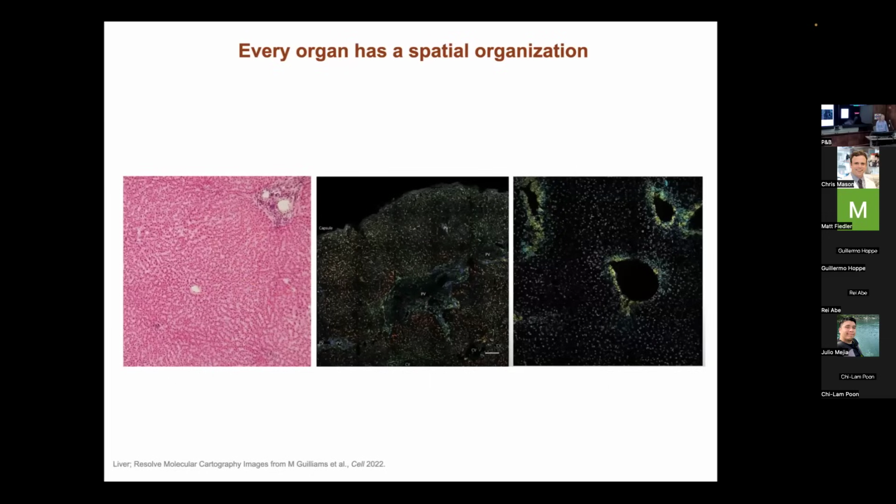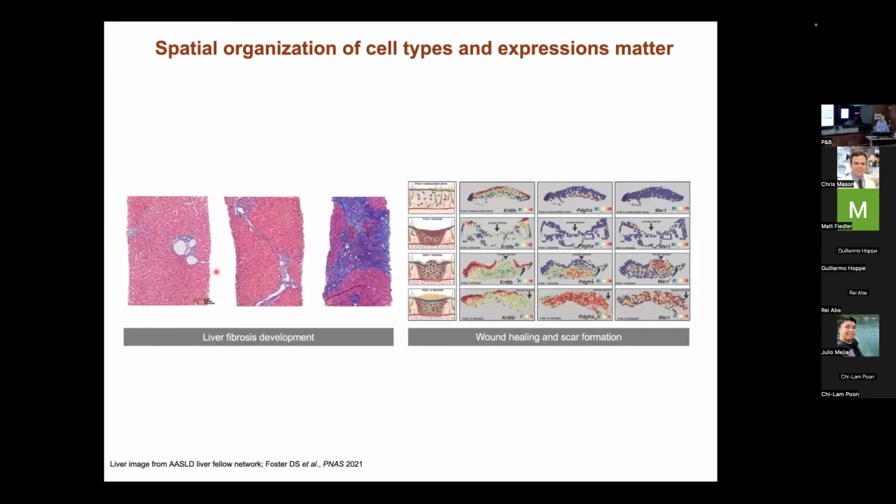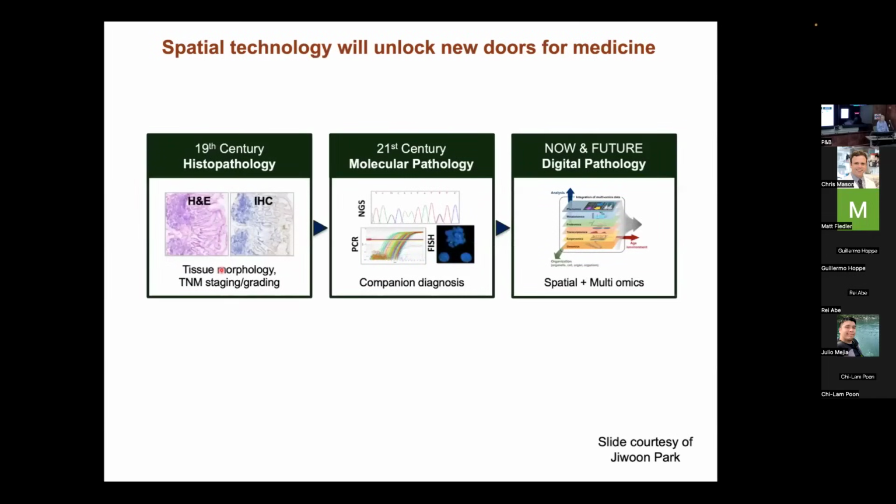You do have some of these structures, but all these hepatocytes in between are quite different from each other, and the endothelium are different, and the stromal cells are all zonated. So how this spatial organization impacts not just normal homeostasis, but also affects disease response, injury and regenerative response, which is unique to the liver, is still kind of a black box right now. And so these technologies really can change things.